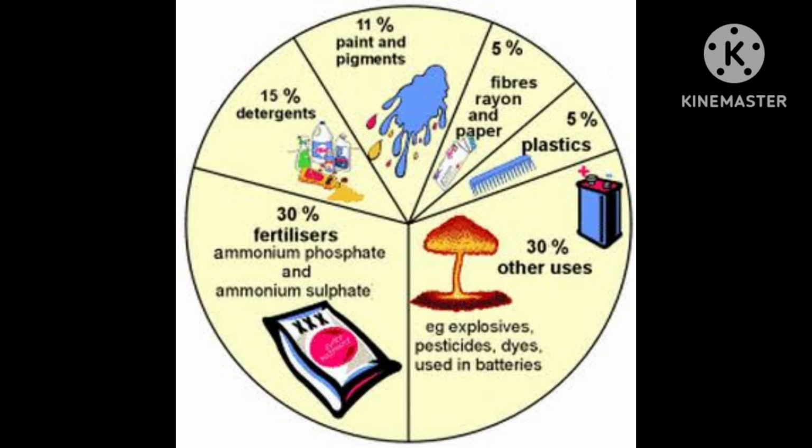The bulk of sulfuric acid produced is used in the manufacture of fertilizer. Don't forget fertilizer. An example is ammonium sulfate. The second example is superphosphate. These are sulfates. Other uses: first, petroleum refining.